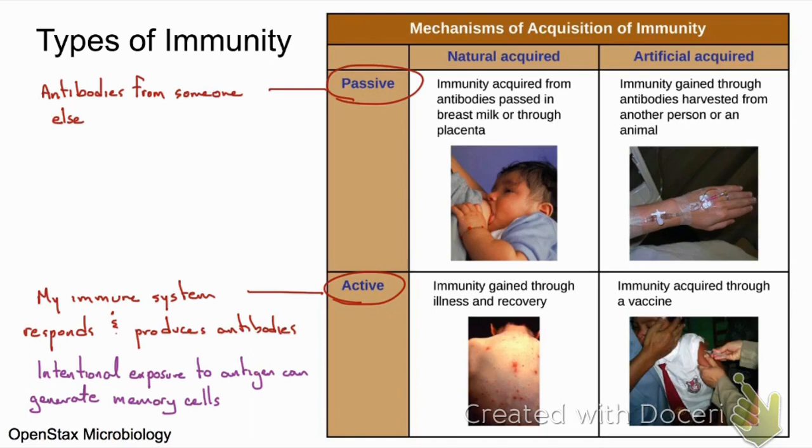The goal of vaccination then is to basically train, or give the immune system a round of practice, to generate these antibodies before the individual is exposed to a natural form of the pathogen. For the rest of this talk, we are going to focus on artificially acquired active immunity and vaccination and the role of vaccination in generating these memory cells.